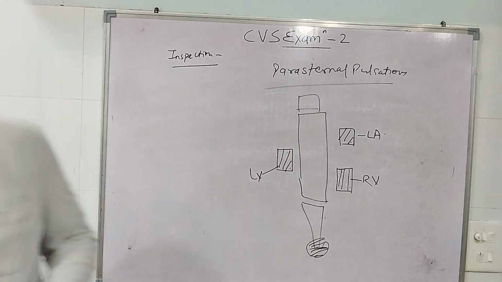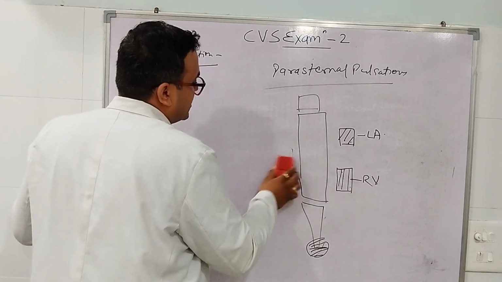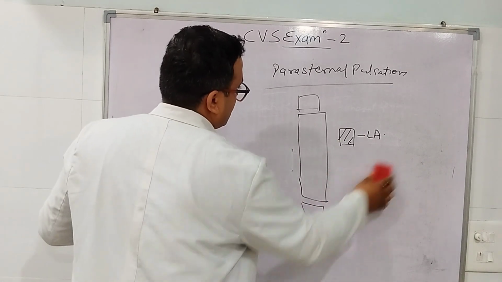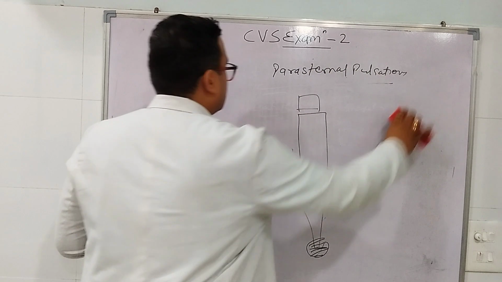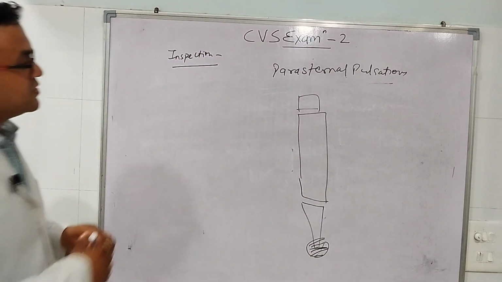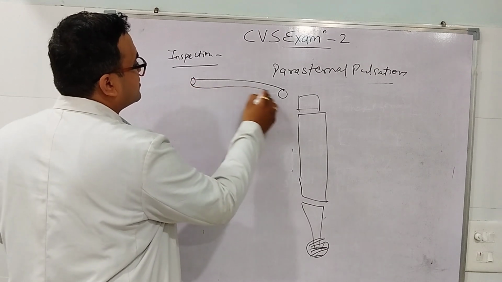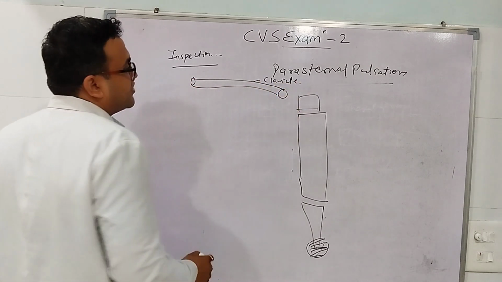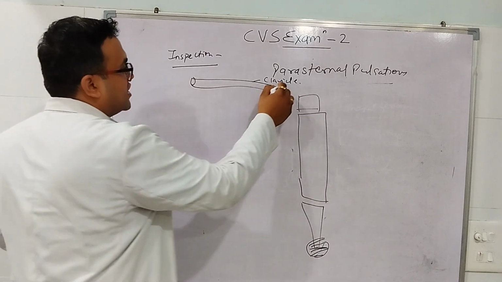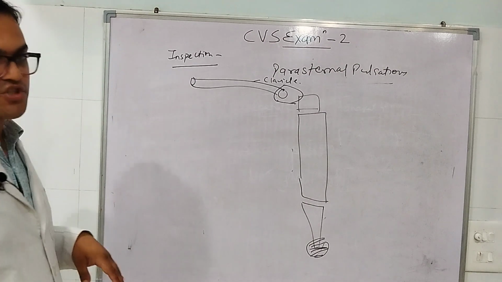Now coming to other pulsations of the chest wall. In right sided aortic arch, this is the clavicle, we can see pulsations over the right sternoclavicular joint.